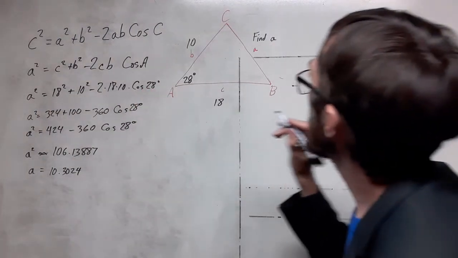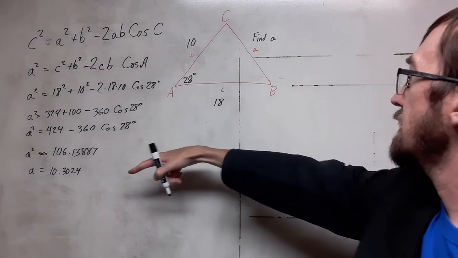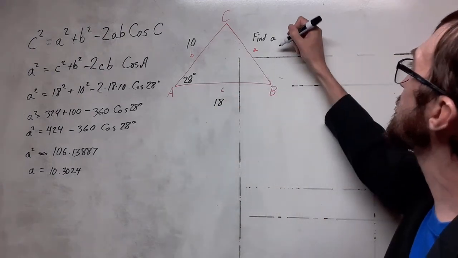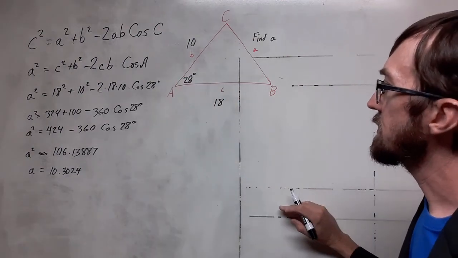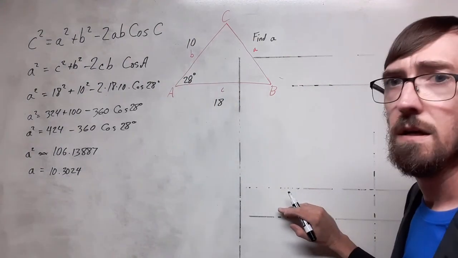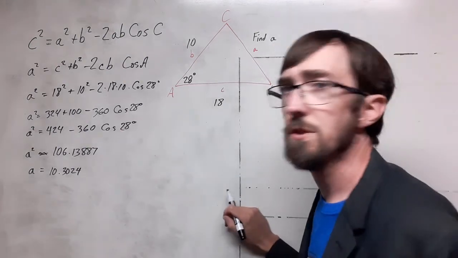So I get that A should be about 10 1/3 units here as we run through the simplification. Hopefully that is the solution that you got.